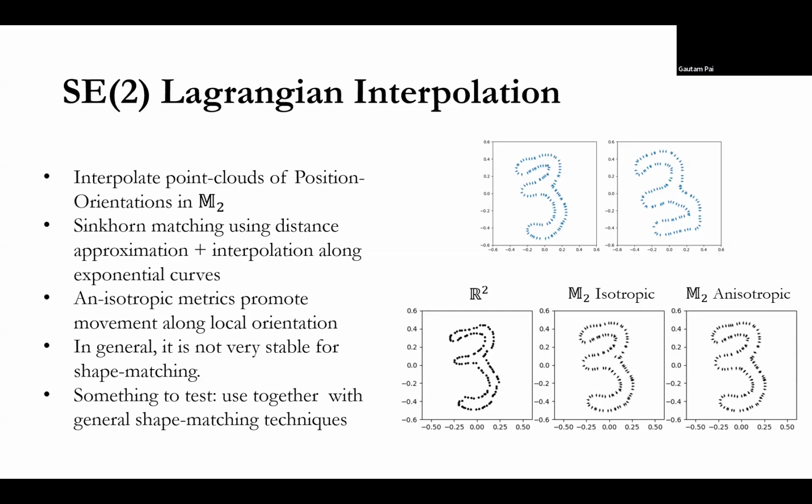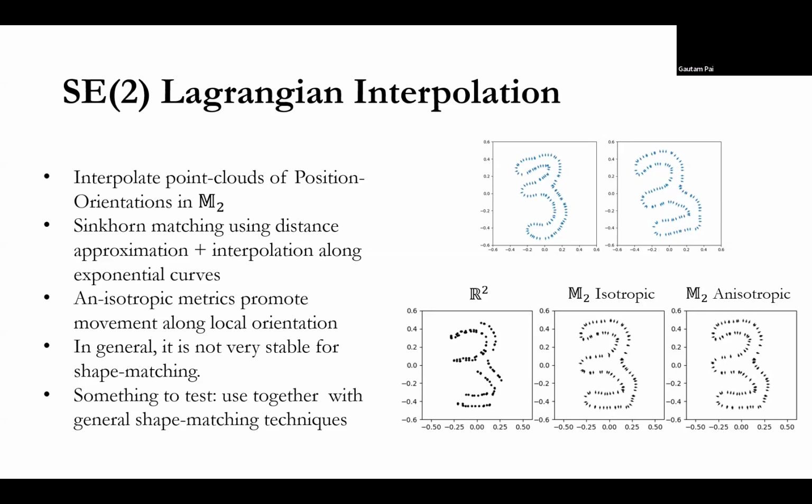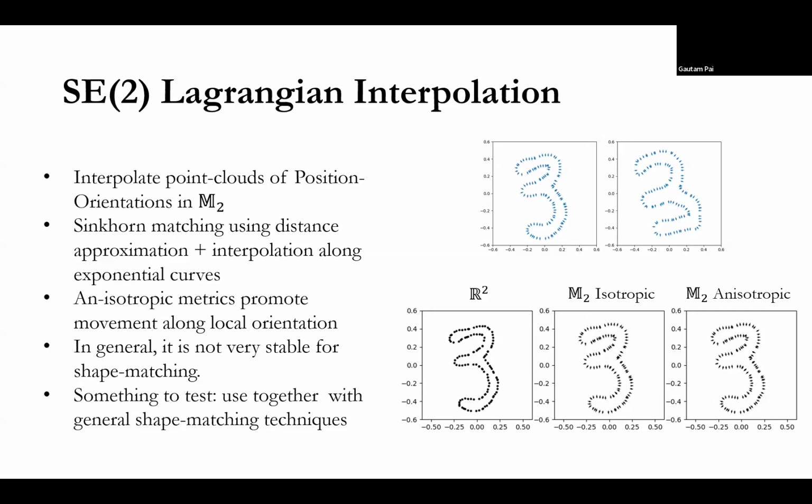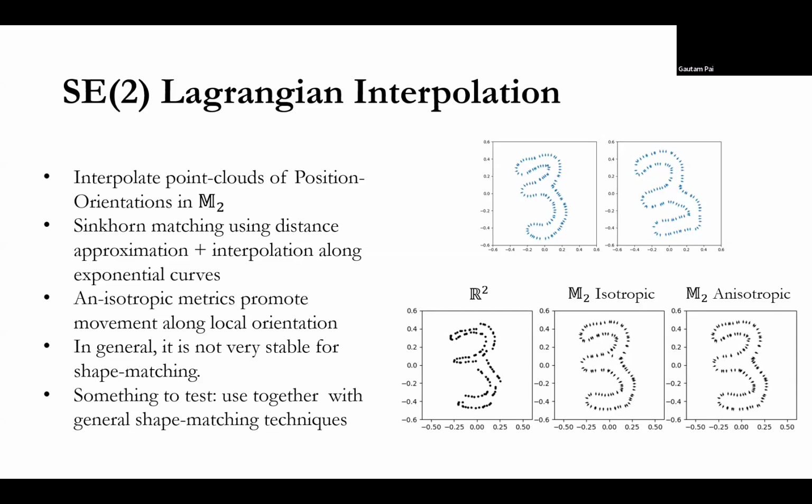It's just that people here are very used to a specific type of cost function on the space of orientations, points and rotation. And here you're proposing a more invariant or a different cost function. You have the first shape, a distribution on M2, and the second is a distribution on M2, and you do the optimal transport between the distributions.